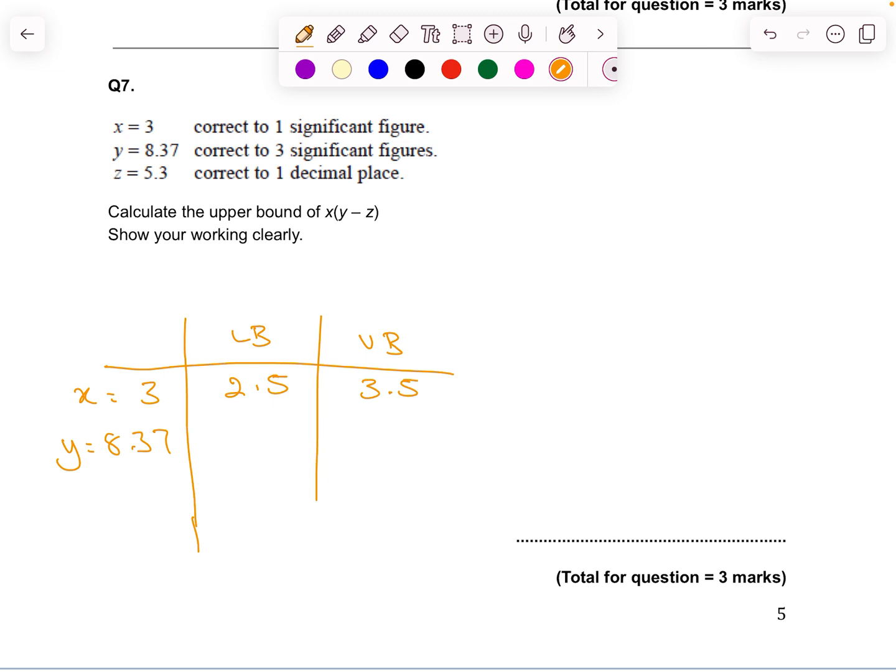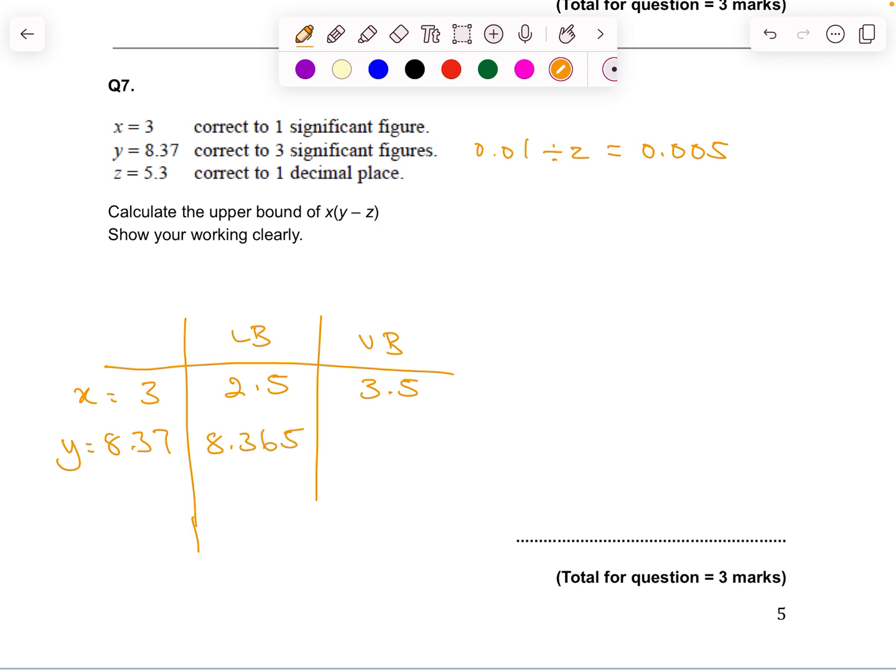So here, 8.37 to 3 significant figures, it's basically to 2 decimal places. So we're halving 0.01, and half of that, again, you can do it on the calculator, really, if you want to double check, is 0.05. And so my lower bound is 8.365.